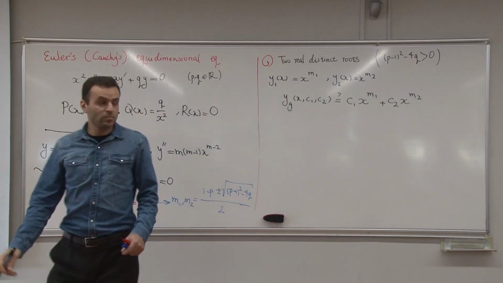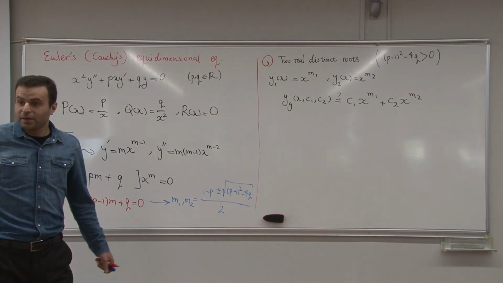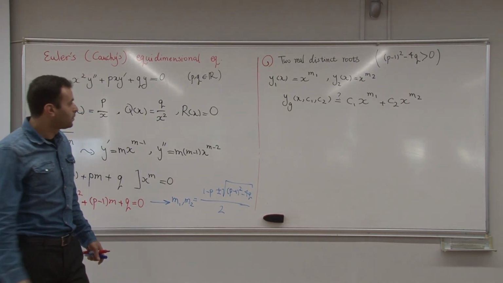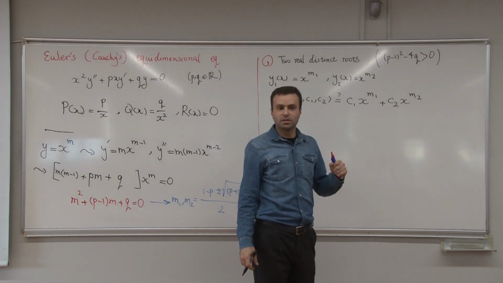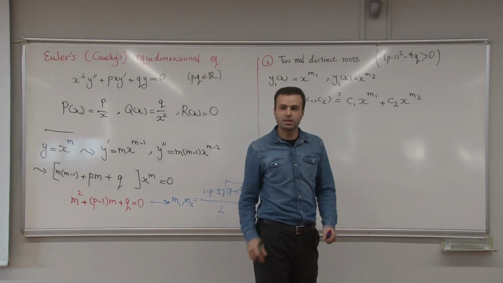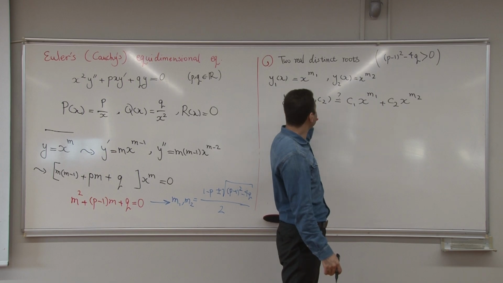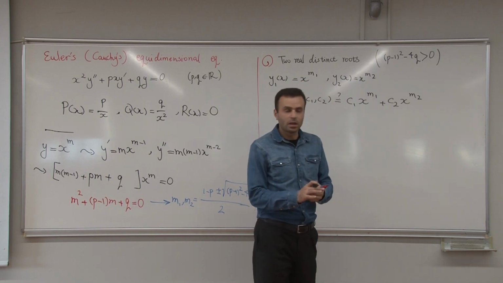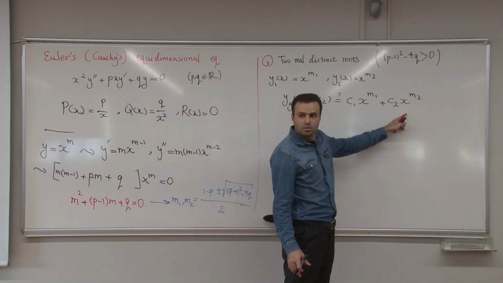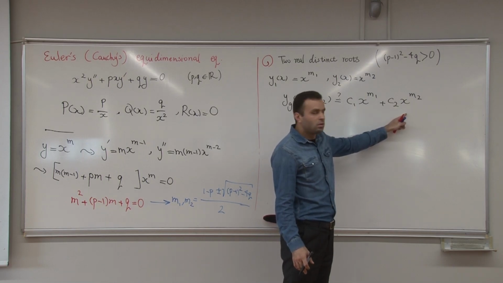Seems yes. How can we be sure? What was the condition such that if it was satisfied, I could say that the solutions are the linear combination of these two? That they be independent. Yes.